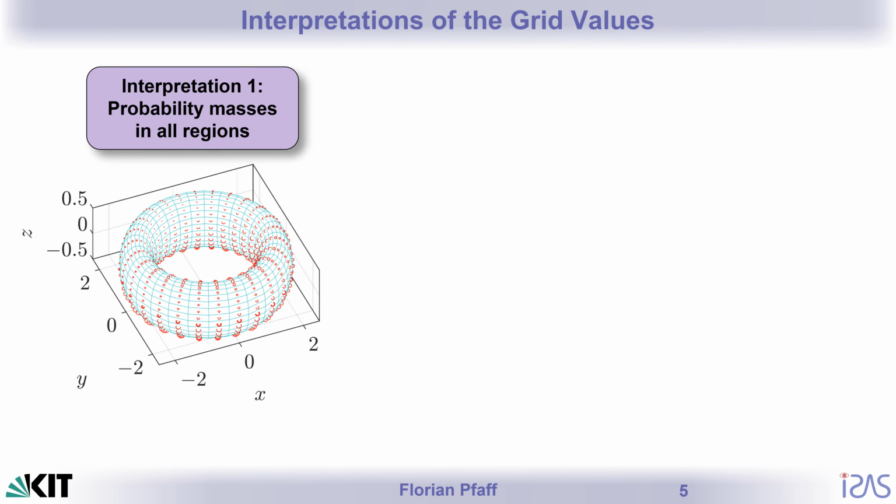For a grid filter, we have to decide what these grid values actually mean. There are two possible interpretations. First, they can describe the probability mass in a region. If we partition the domain into regions as thus, you see these pseudo-rectangular regions here, then the grid value would summarize all probability mass in that region.